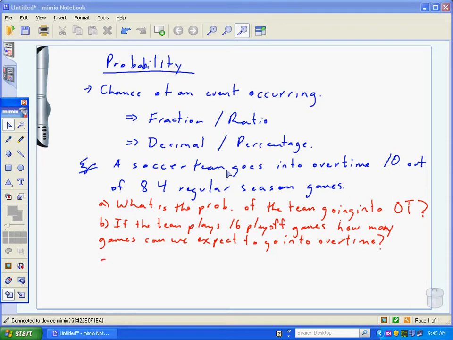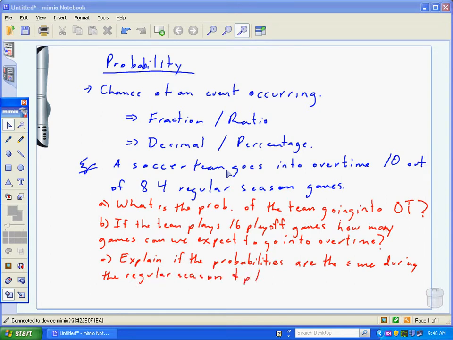And C, real quick, let's just explain if the probabilities are the same during the regular season and playoffs.